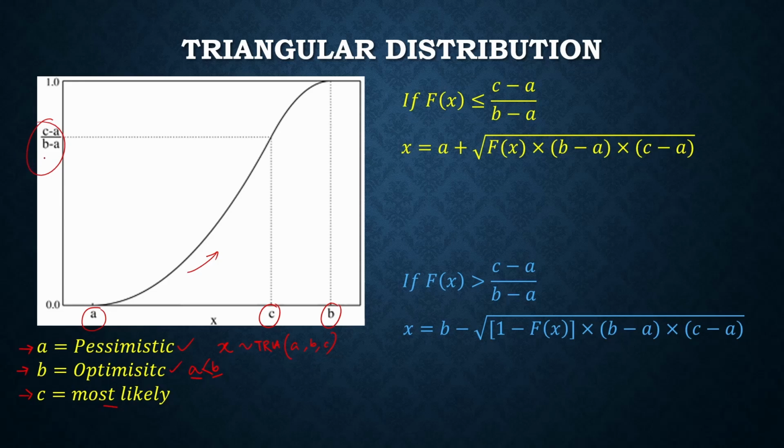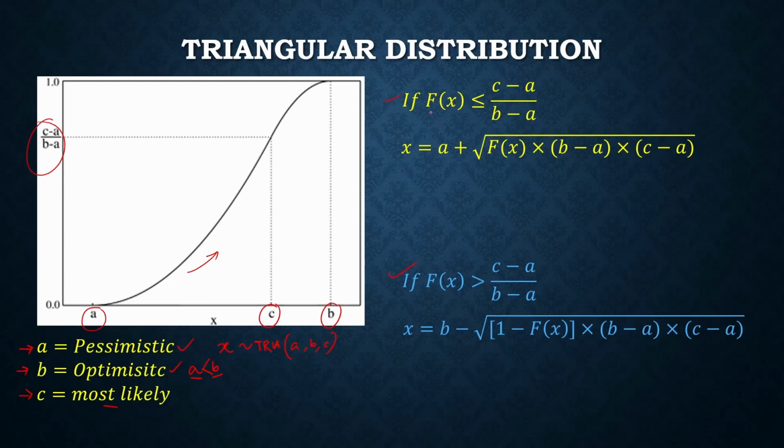How to derive these things, I am not discussing it here. This particular function, that means triangular distribution, also has its PDF and CDF, and using those formulations we can derive these two relationships.